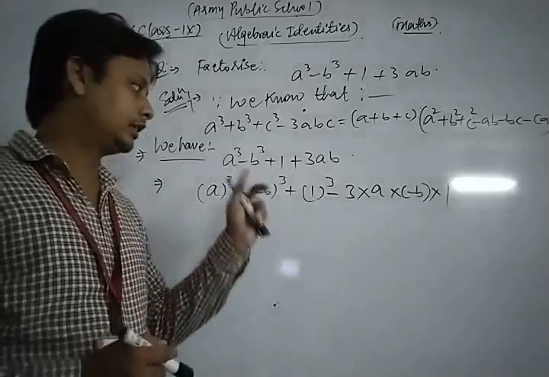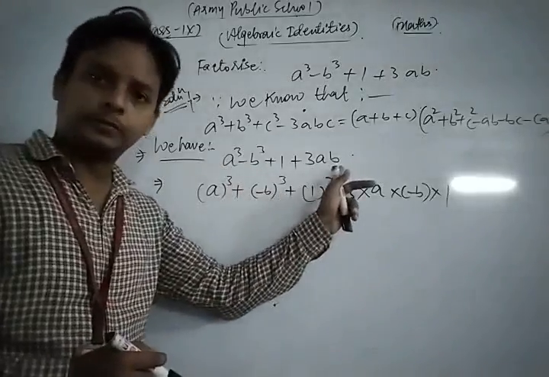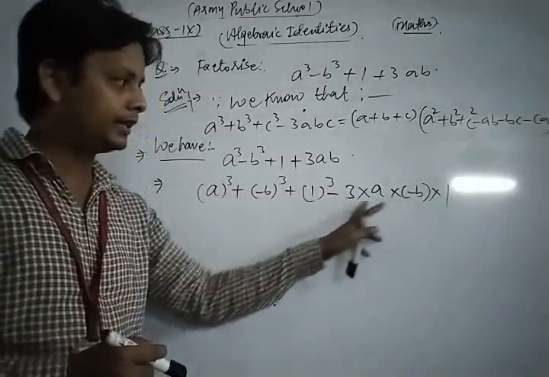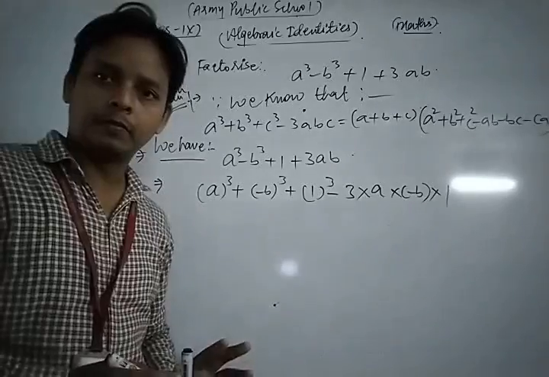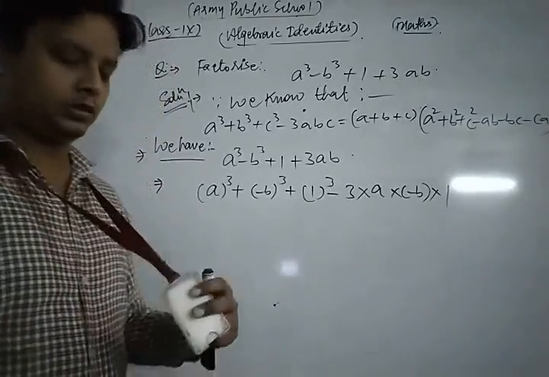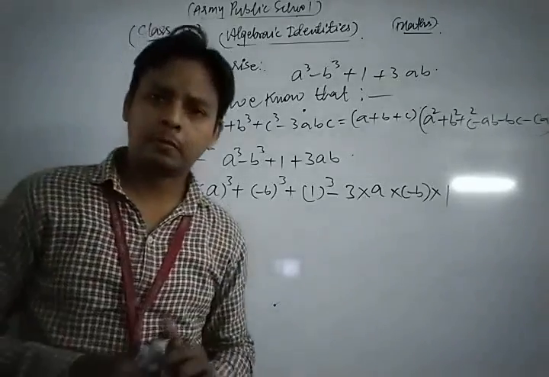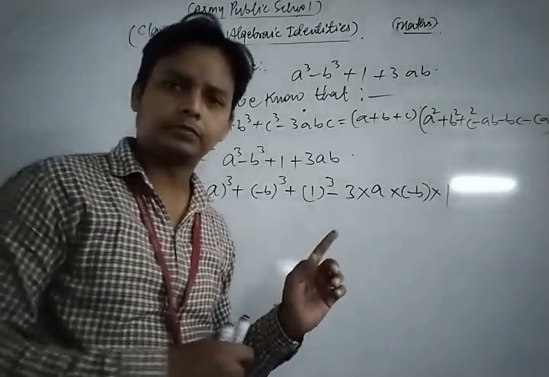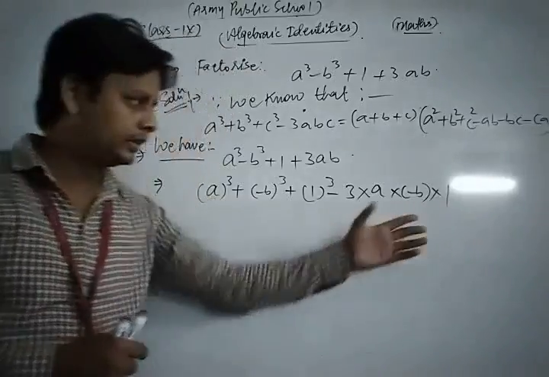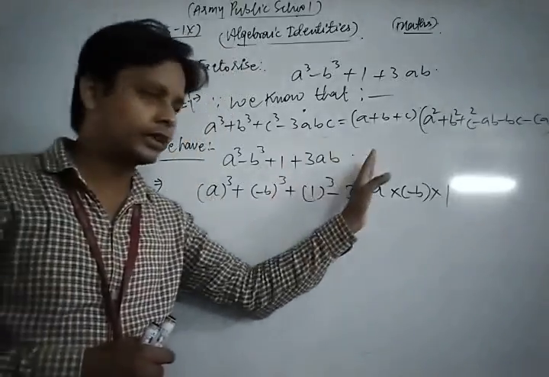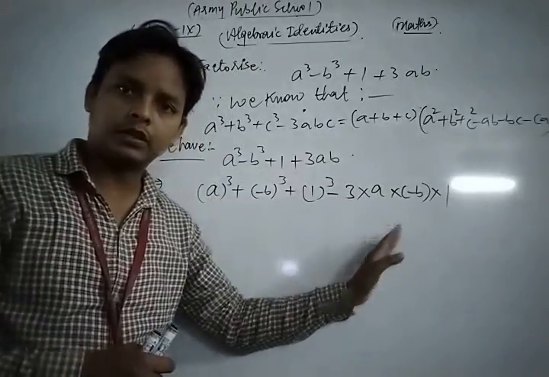So we can write the given expression in this way. If we multiply minus minus, we get plus 3ab. So we can arrange the given expression in this way.